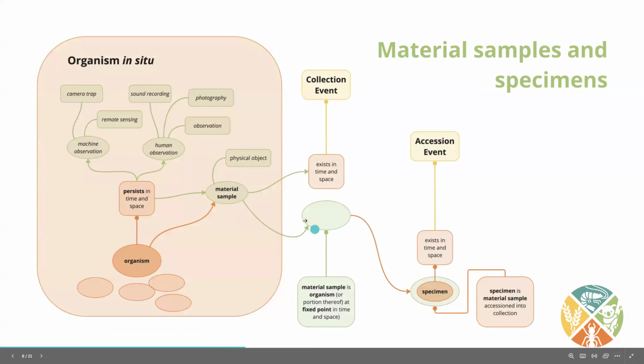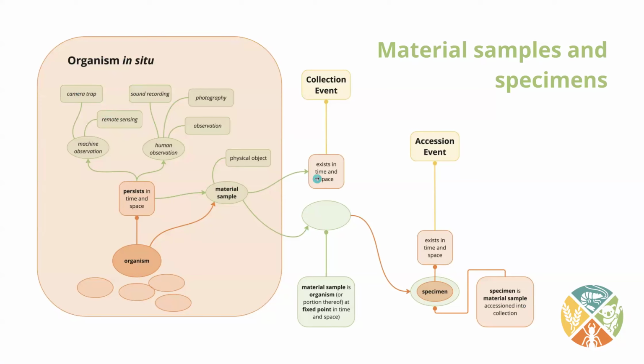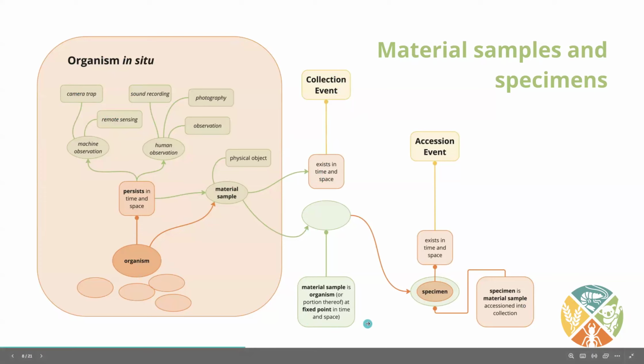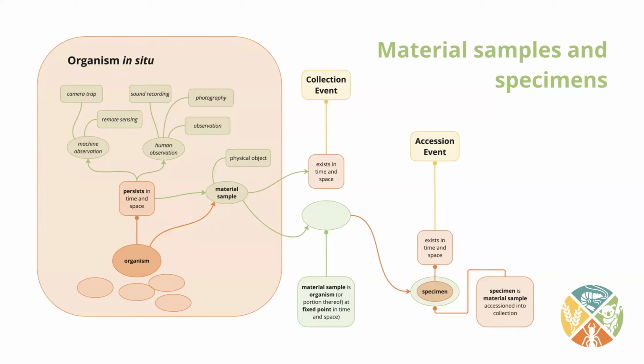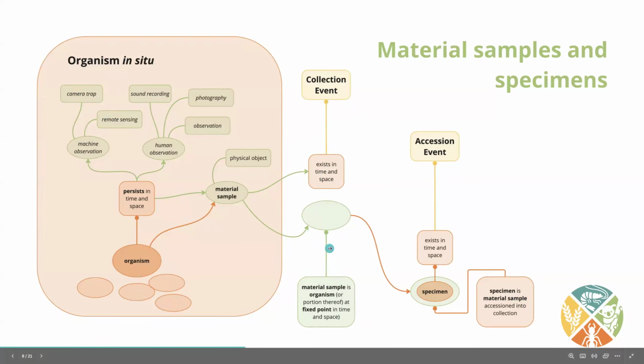And we saw earlier some of the other ways in which you might meet an organism. But for us, the first event where we begin to know about our organisms is at the point of collection. And that's when the material sample is taken.